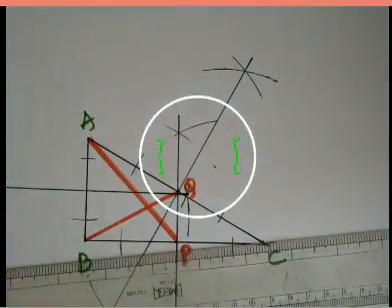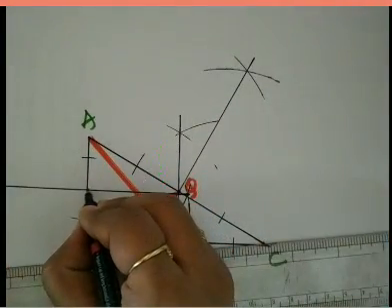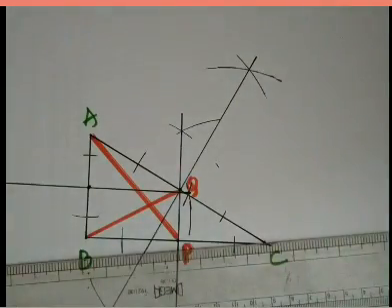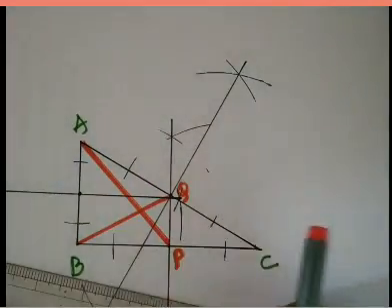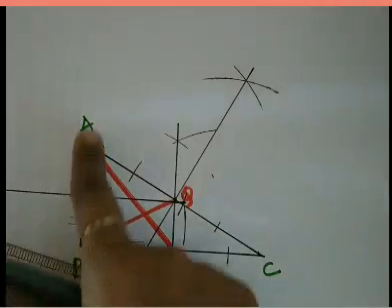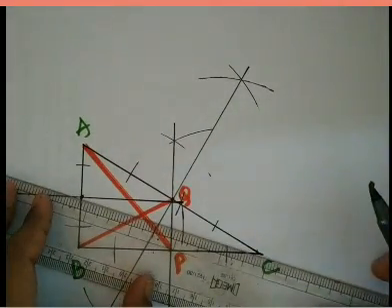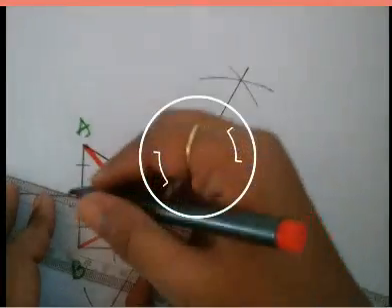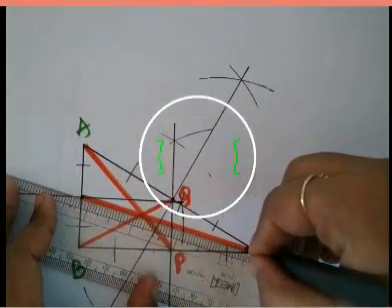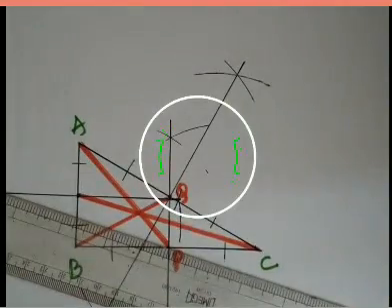Okay, here I have drawn. So from here I have got the midpoint, and from this midpoint I'll join the opposite vertex of ABC. So here I'm going to join it from the opposite vertex C.